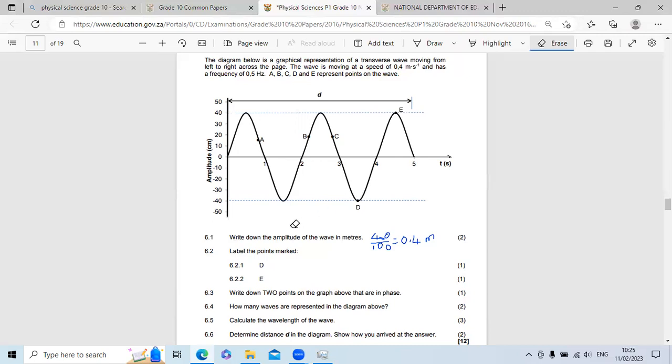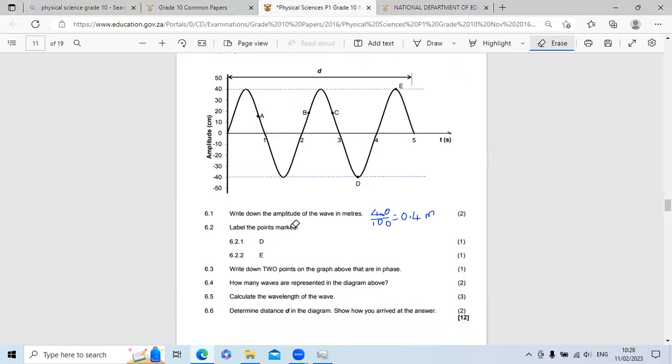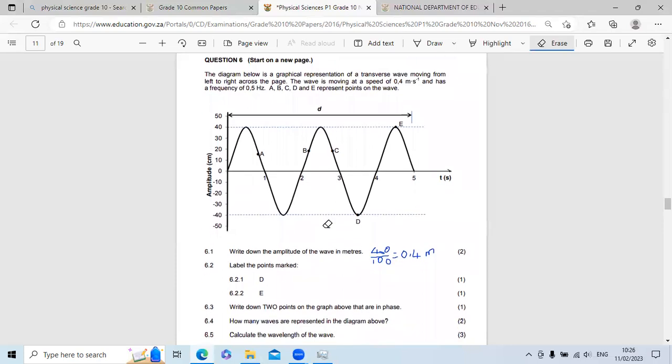I don't know, maybe just try to look through your notes and maybe you can find a better way to understand it. So they say write down 2 points in the graph that are in phase. If you can remember, I said points that are in phase form a full wave, right?